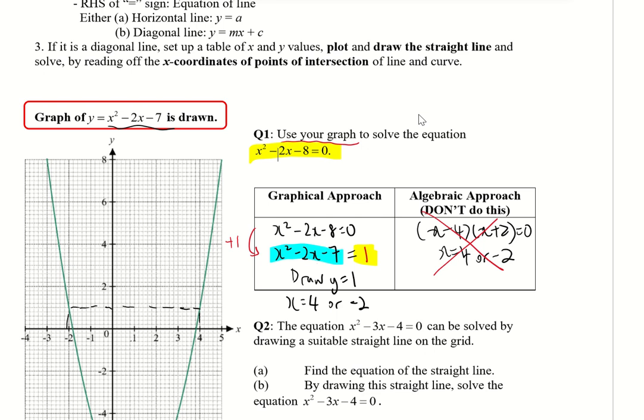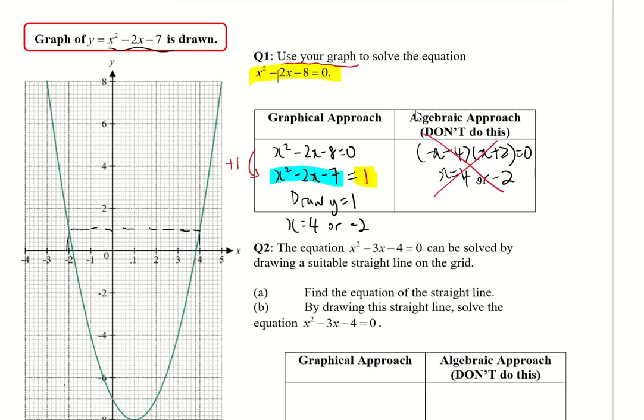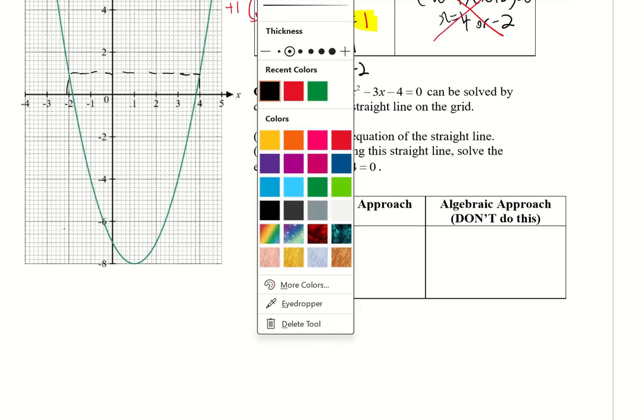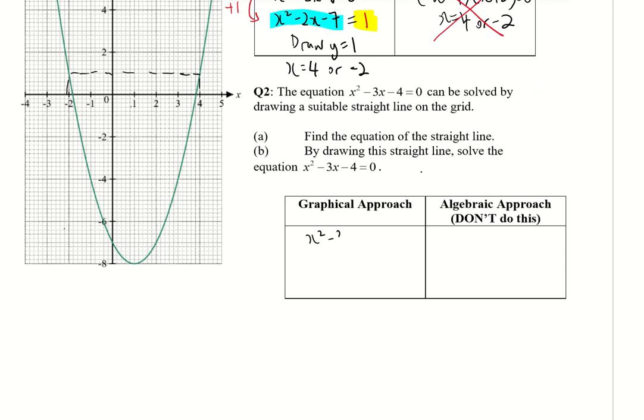Next, the question can also say the equation x squared minus 3x minus 4 equals 0 can be solved by drawing a suitable straight line. We do the same steps. We start with x squared minus 3x minus 4 equals 0, and write down the equation of the curve, x squared minus 2x minus 7, on the left side.